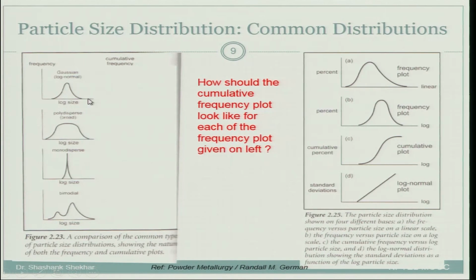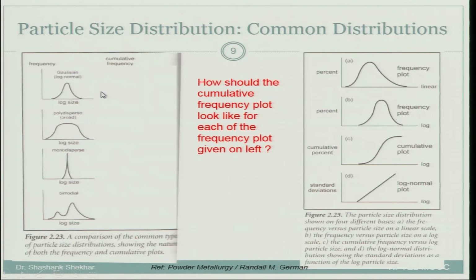How would the cumulative plot look like for these different kinds of variations? Now you see this is the only log normal distribution, others are not log normal. So we would be able to use the particular relations that we described over standard deviation only for this one, but not for others. However, cumulative plot we can still find for each and every one of these.